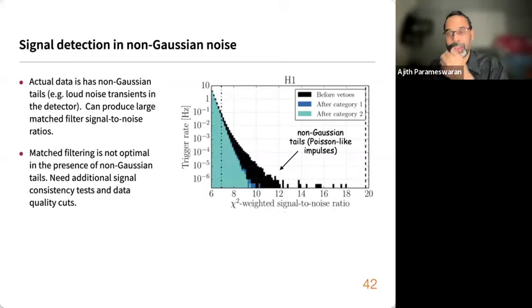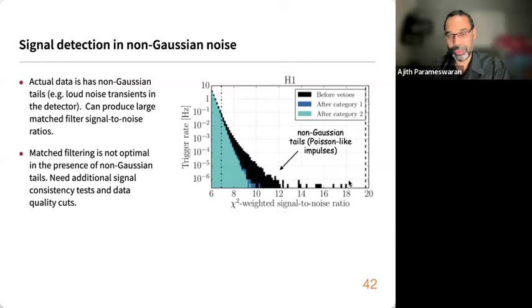And if you compute a match filter statistic, then if they were Gaussian noise, the distribution of this inner product would follow a particular distribution, like a chi-square distribution. So it would have a very rapid fall off like this curve. But when you actually do that, you get something like this black distribution.